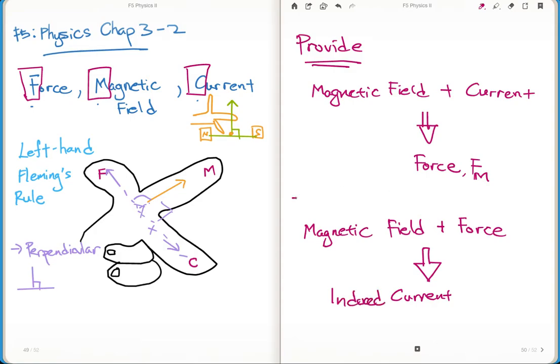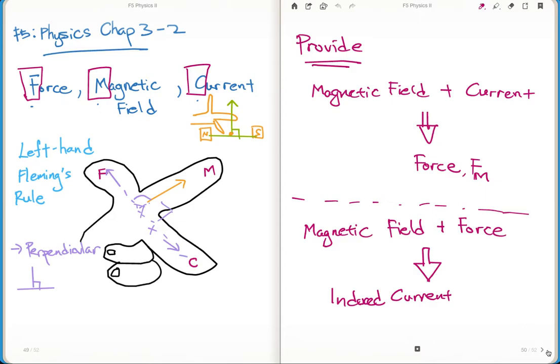So this part is on the next part, and this is the essence for this part, where you provide magnetic field and current, you get magnetic force.